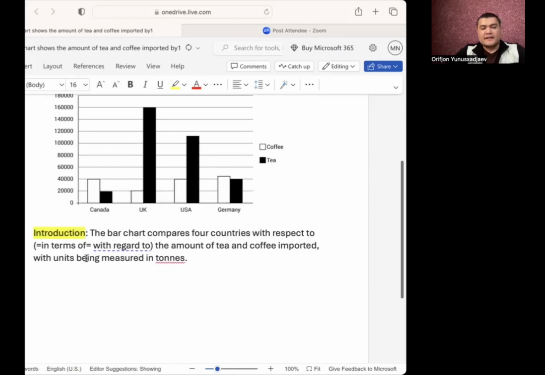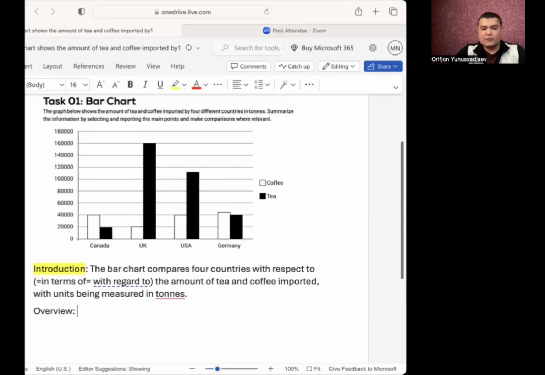Okay. Now, overview. In my overview, I talk about the general changes. So what are the general changes here? The first one, well, I can, for example, talk about the UK because right here it shows the highest amount of tea imported, right? And I can talk about the UK again because it shows the lowest amount of coffee imported.